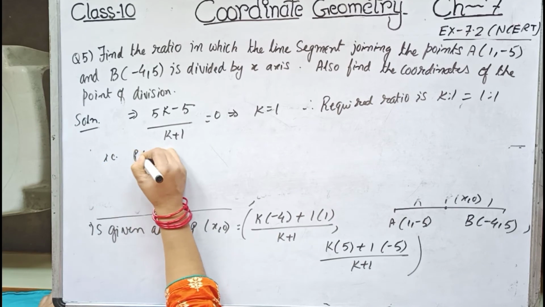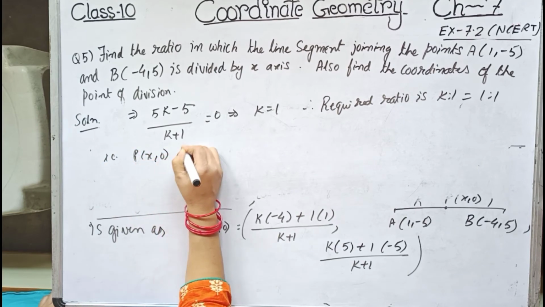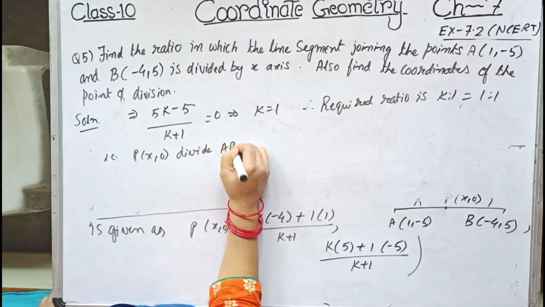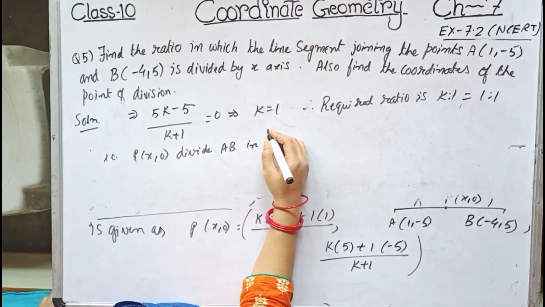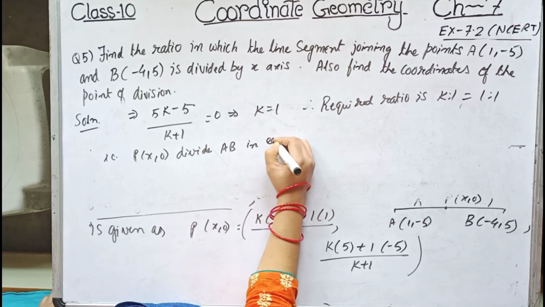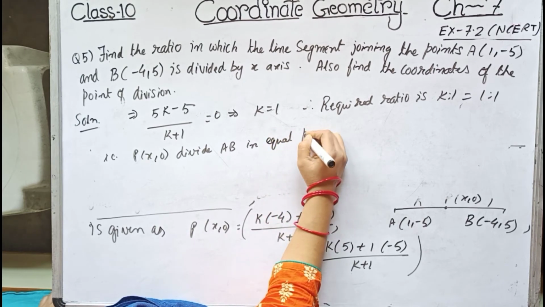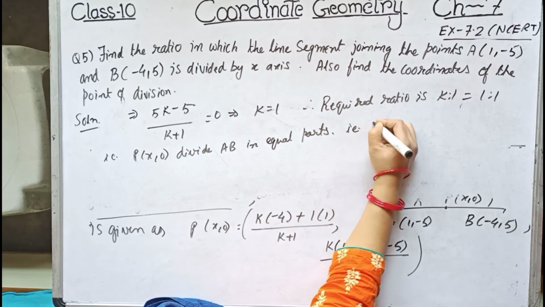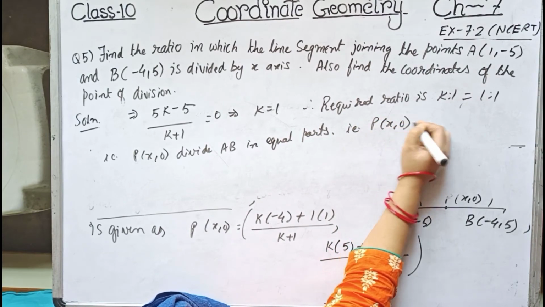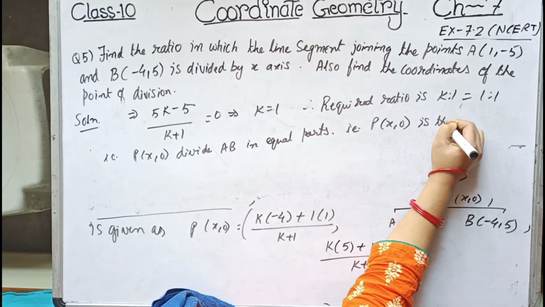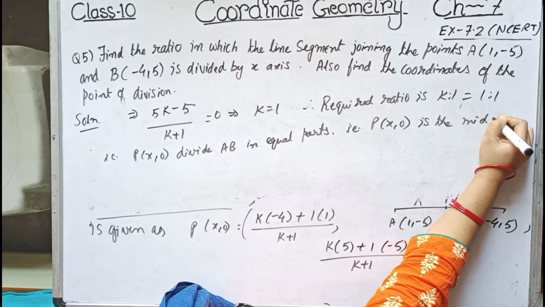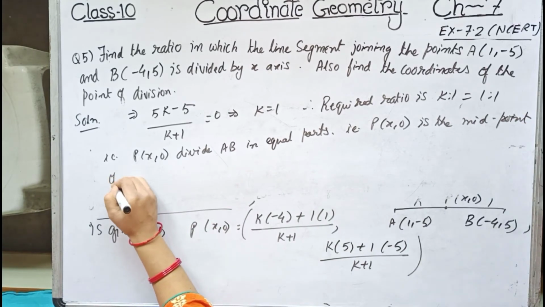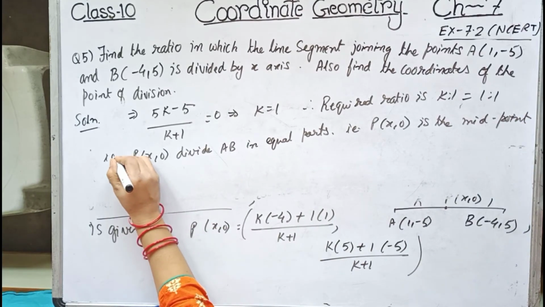That is, P (x, 0) divides AB in equal parts. That is, P (x, 0) is the midpoint of AB.